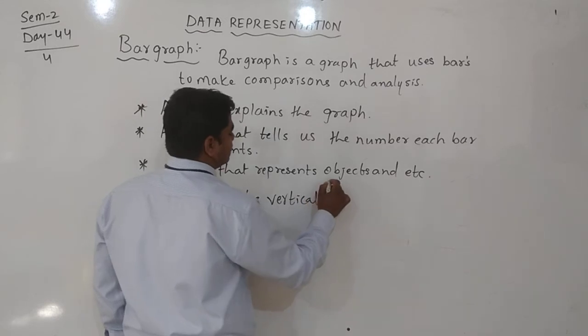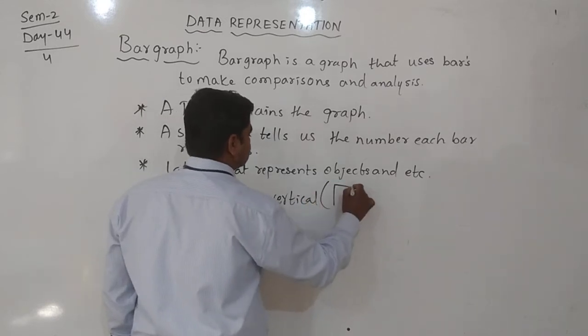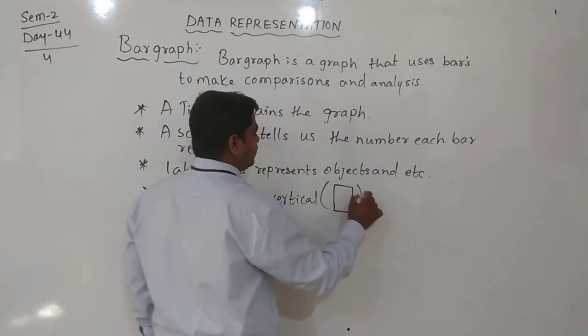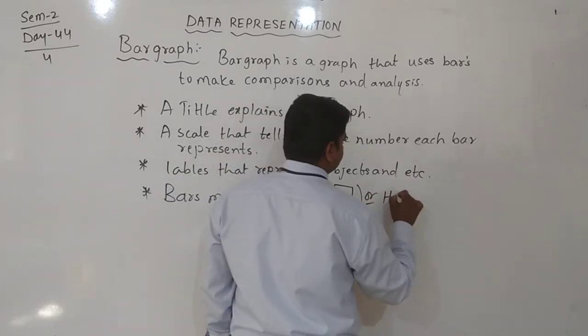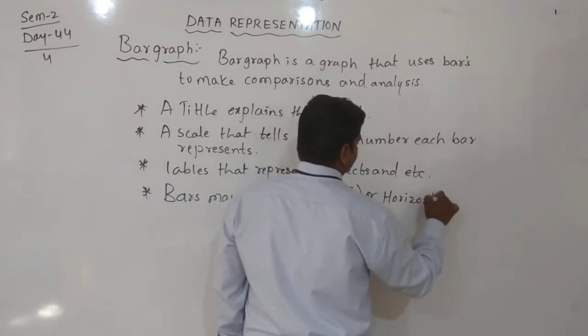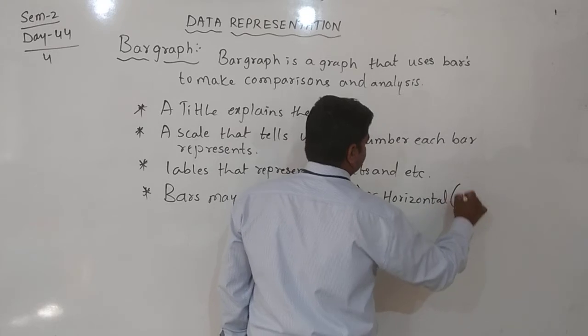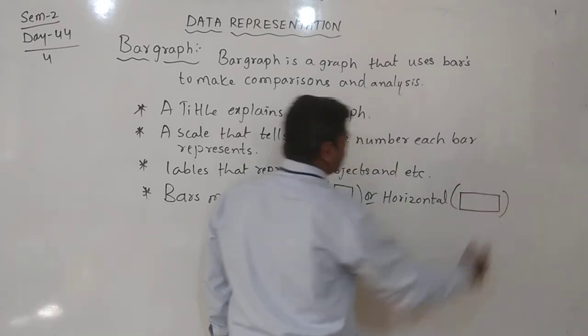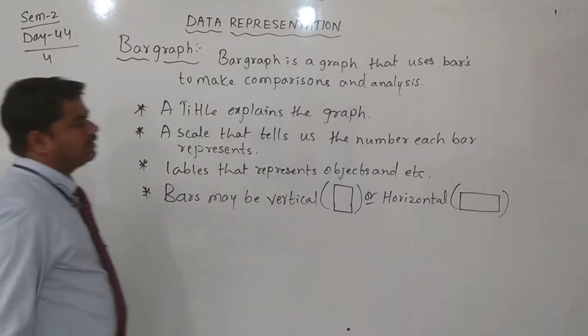Vertical means the picture will be drawn like this. Bars may be vertical or horizontal, like this.